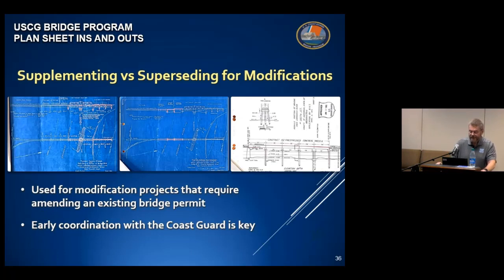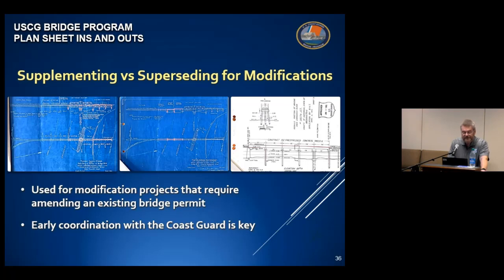All right, one last thing I'd like to talk about before we wrap this one up is that if you're modifying an existing bridge, then please be sure to reach out to your local Coast Guard District Bridge Office early in the plan sheet development process. Why, you ask? Well, for starters, we need to ensure that the plan sheets properly depict the proposed permit action, taking into consideration any existing plan sheets that will either be supplemented or superseded, or a combination of both.